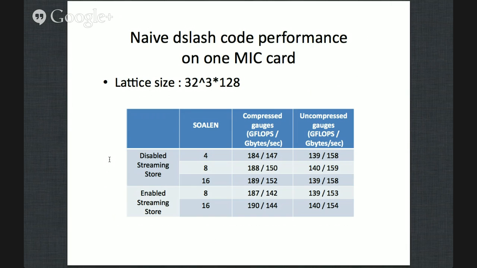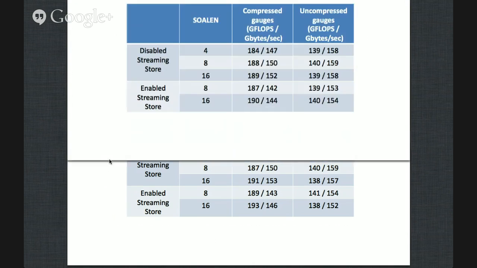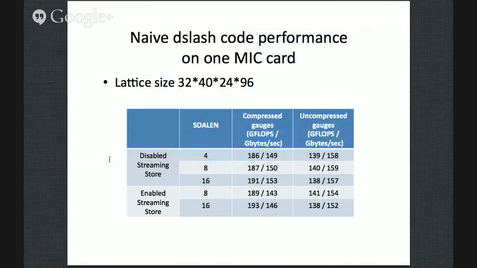When we enable the streaming store, we didn't really see much speed improvement, and the bandwidth actually went down a little bit. We didn't see much performance change with the uncompressed gauge storage either. We tried another, slightly different lattice size and got similar results.